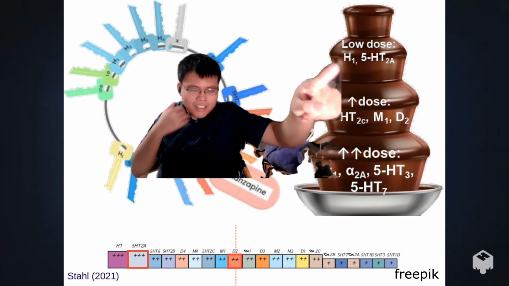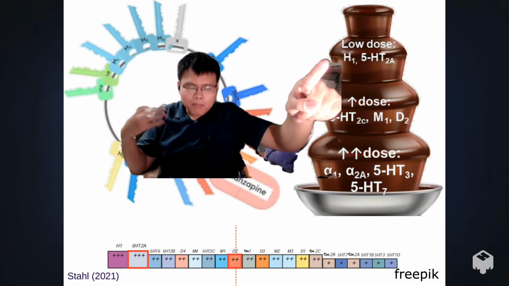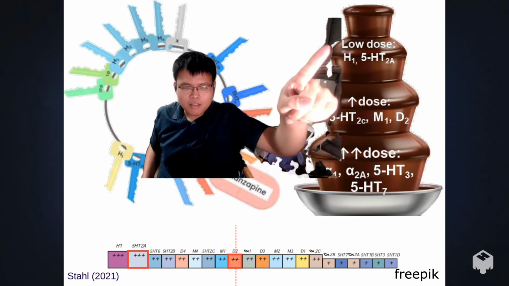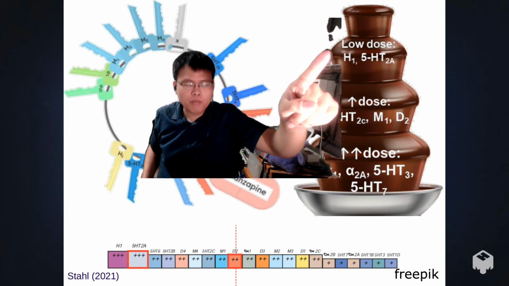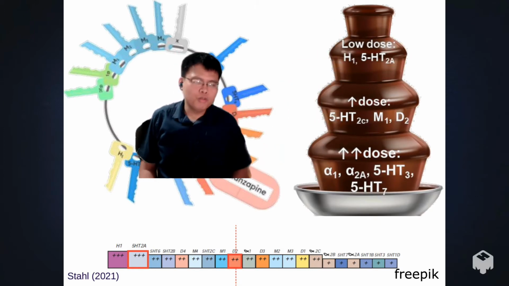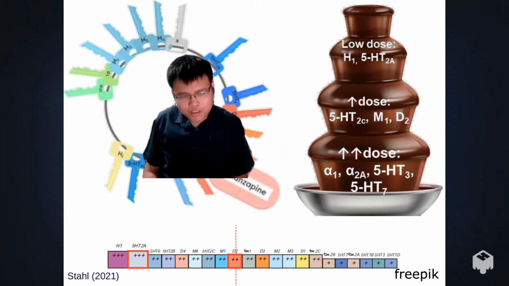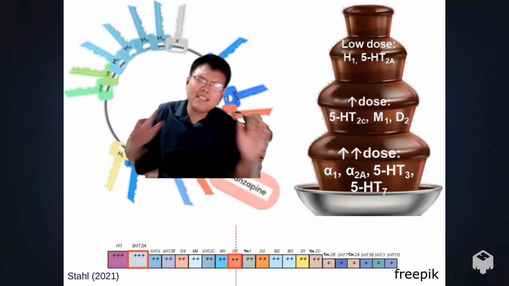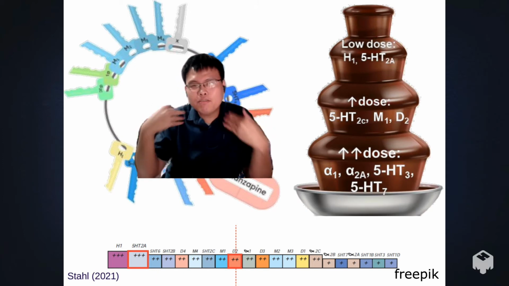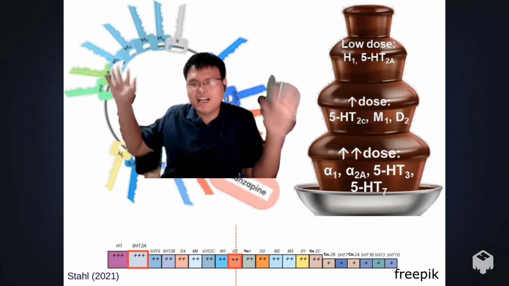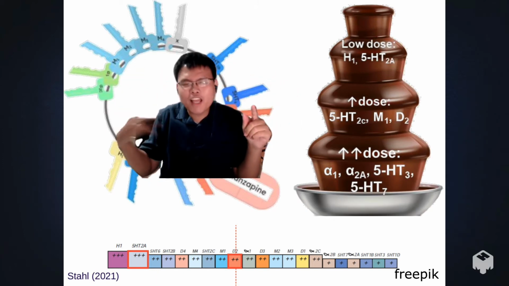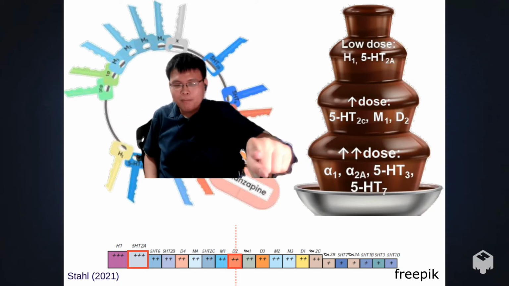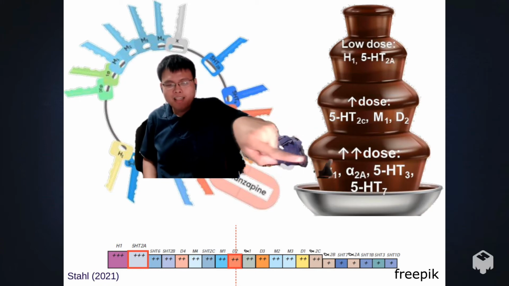As I keep increasing the dose, olanzapine will preferentially still be staying here at the top layer with its favorites, the receptors it has more affinity to. Does it mean that there is zero olanzapine at the receptors it is not favorites at? Well, these kinds of drugs have to maintain some facade of fairness. It's very clear they have favorites, but it doesn't mean they won't bind to the other receptors even at low doses. That's a misconception.